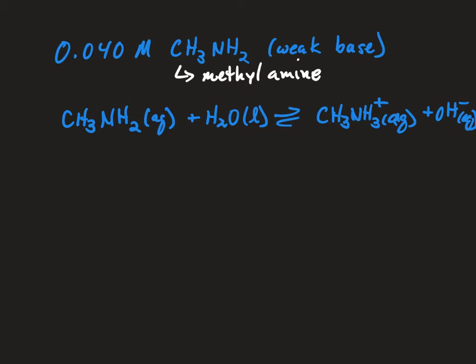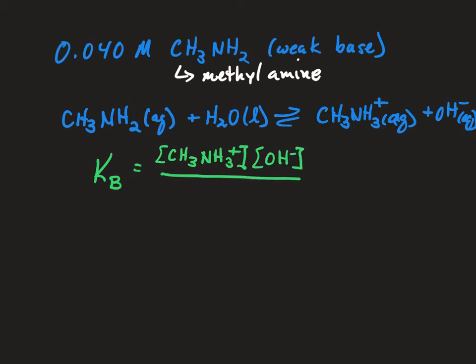And we can write an equilibrium constant expression for that. Our equilibrium constant for our weak base, Kb, is going to be the concentration of the methyl ammonium ion in this case, times the concentration of hydroxide ion, divided by the concentration of the unreacted methylamine.